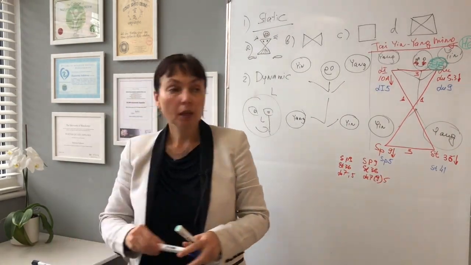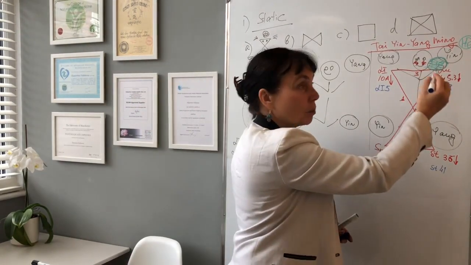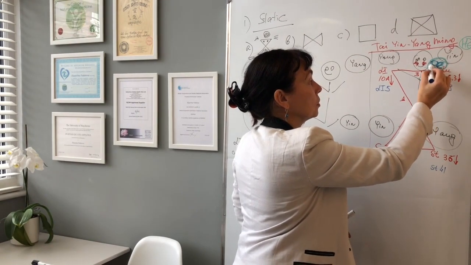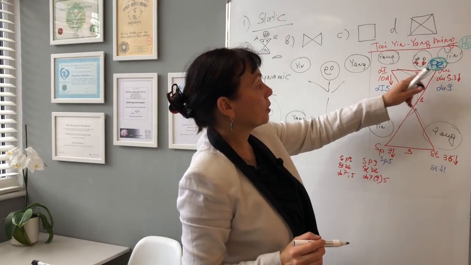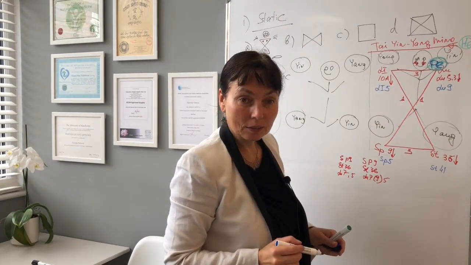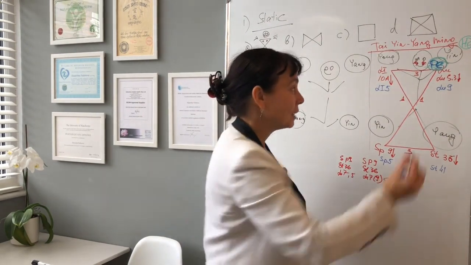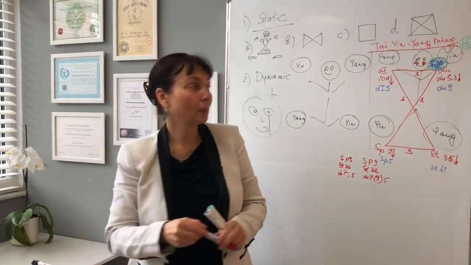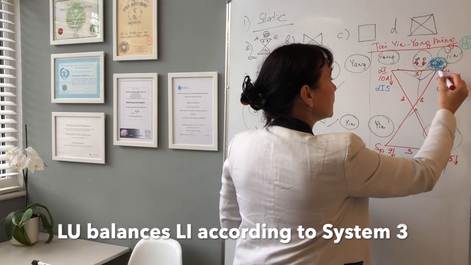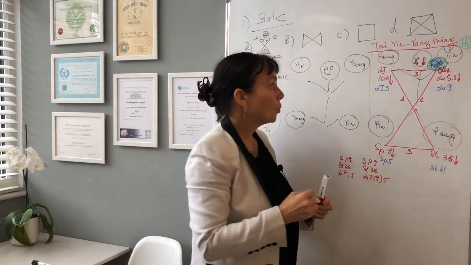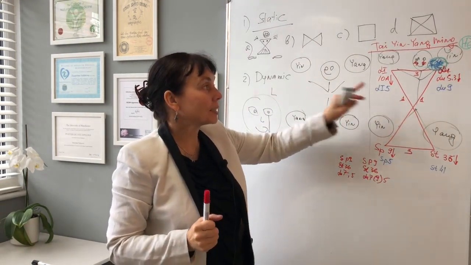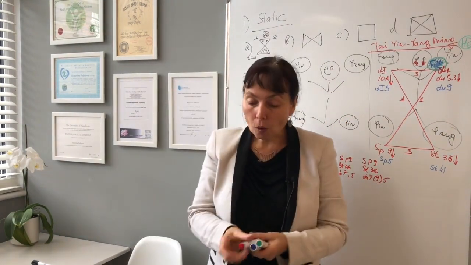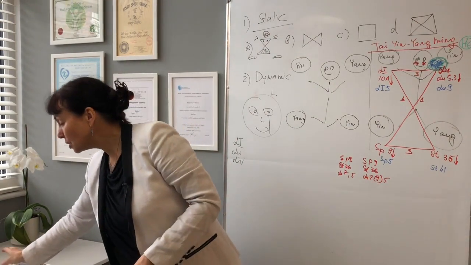Or let's choose another yin meridian, for example, pericardium. Will pericardium balance large intestine? No, it doesn't balance large intestine. Only lung balances large intestine. So we learn this pattern, Tai Yin Yang Ming, and we can use it for multiple disorders.